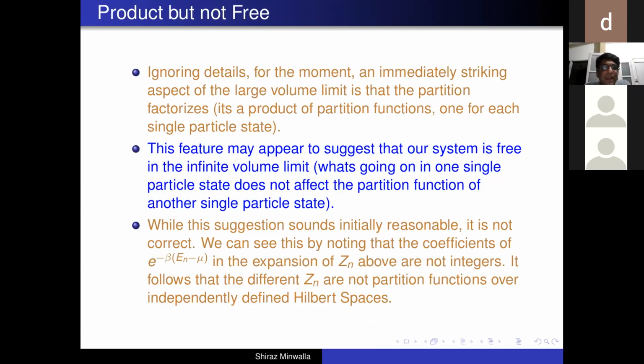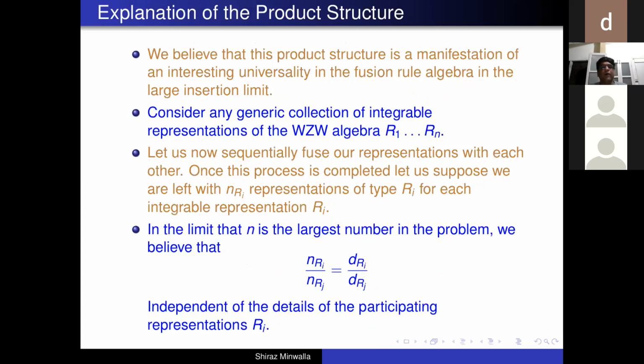The suggestion we make for what more subtle is happening is the following. We propose, and we have some evidence for this, that there is an interesting representation theoretical fact for Wess-Zumino-Witten theories. And that fact is this. Suppose I take a very large number of representations of Wess-Zumino-Witten theory, sort of randomly chosen, and I fuse them.